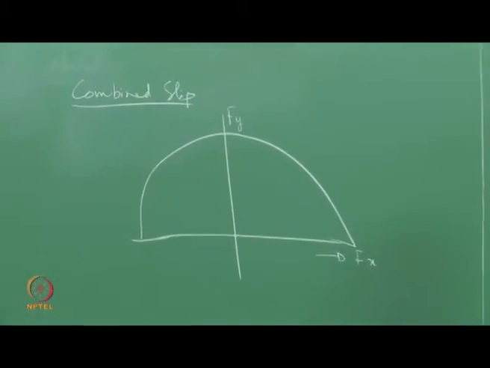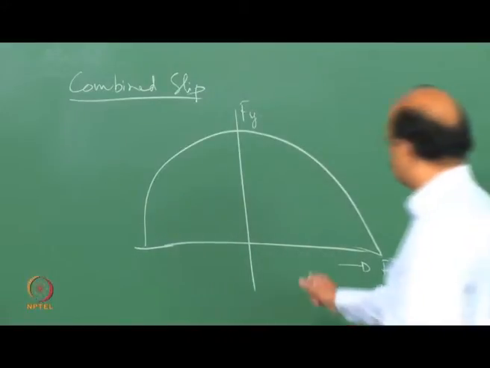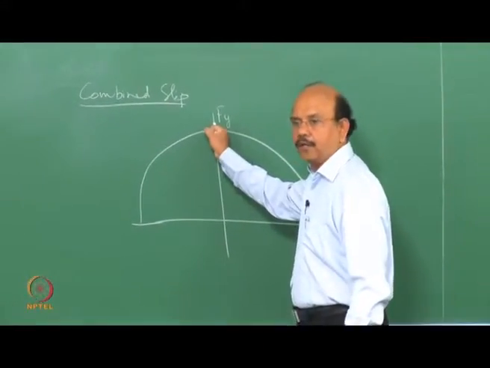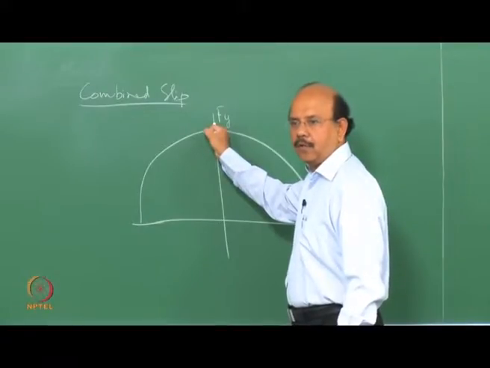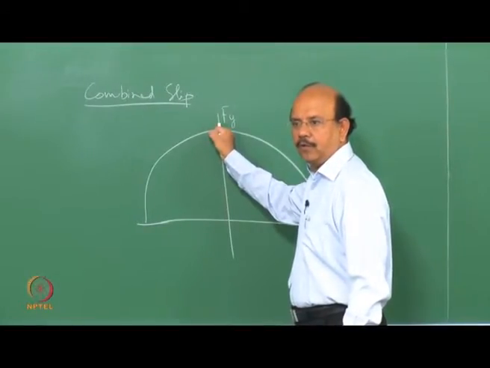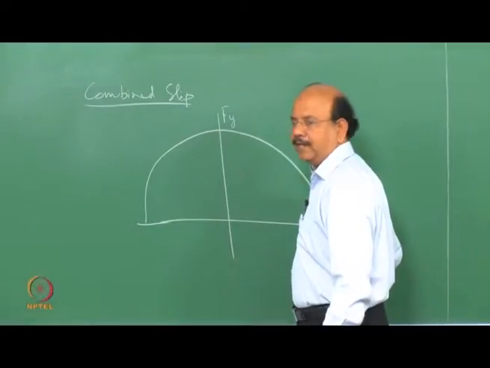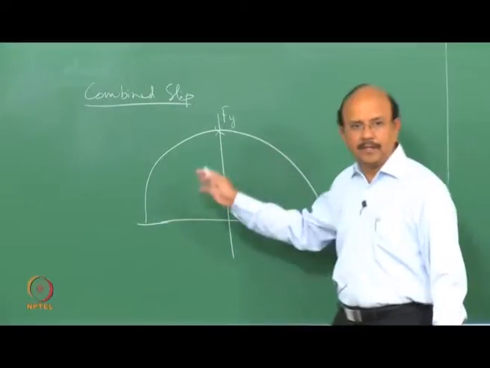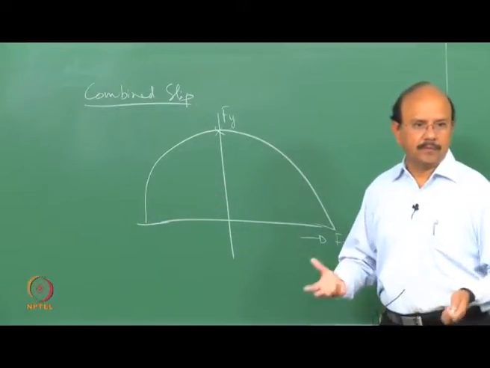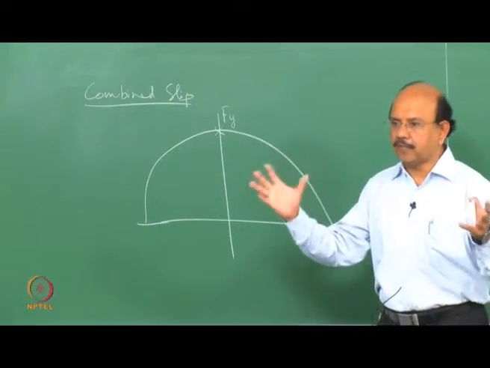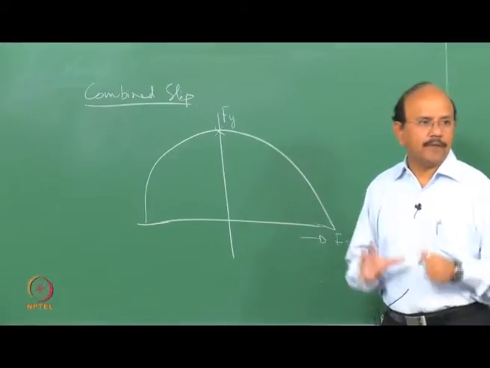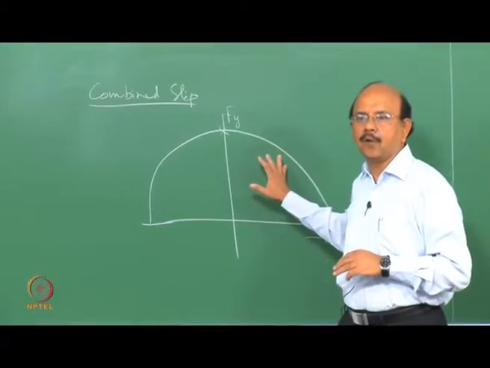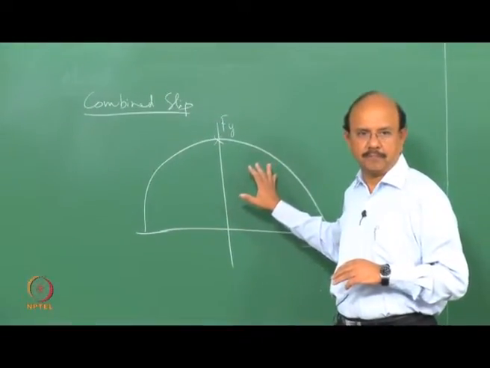In other words, what it simply means is that this is due to longitudinal braking or acceleration, and this is due to cornering. When I do cornering without any braking or acceleration, I'm going to get the full benefit of my mu. This is the boundary after which it's going to stop, and I've reached the mu into Fn, or I've cashed all that is in the bank called the friction forces.